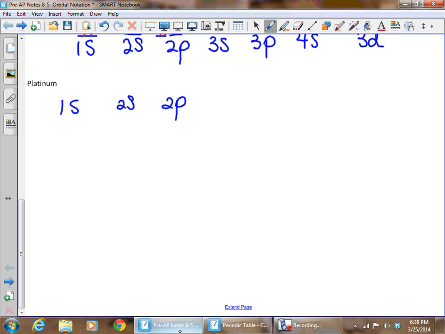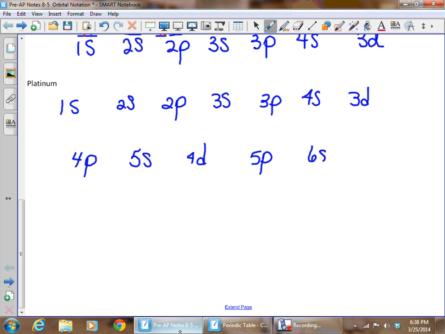It's pretty long, and I don't want to squish it too far together. 3s, 3p, 4s, 3d, 4p, 5s, 4d, 5p, 6s, and this is where people make their mistake. After 6s, remember, comes 4f, and after 4f, we get our 5d.